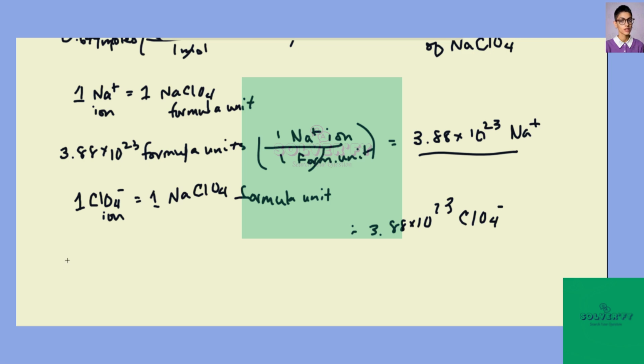If I want to know how many chlorine atoms, if I look at the formula here, in this formula, for every one of these, there's 1 chlorine atom.